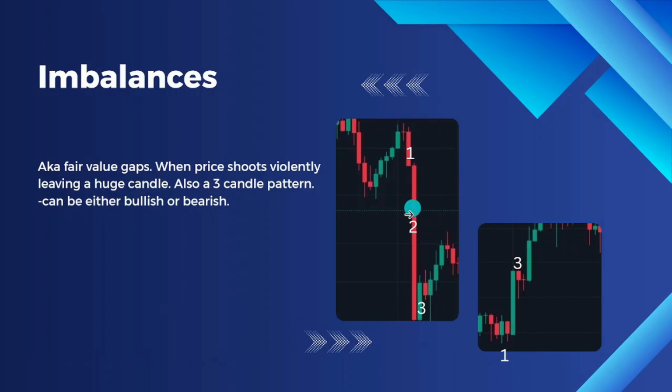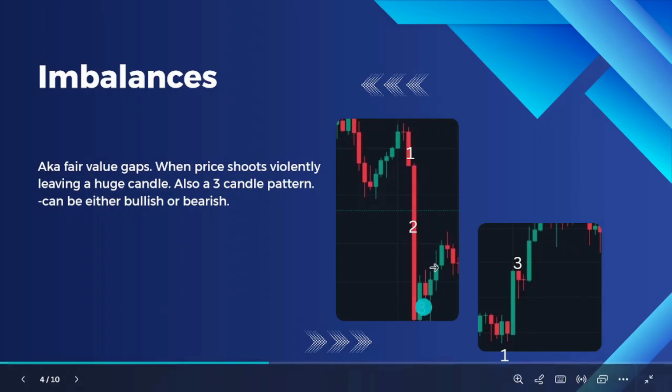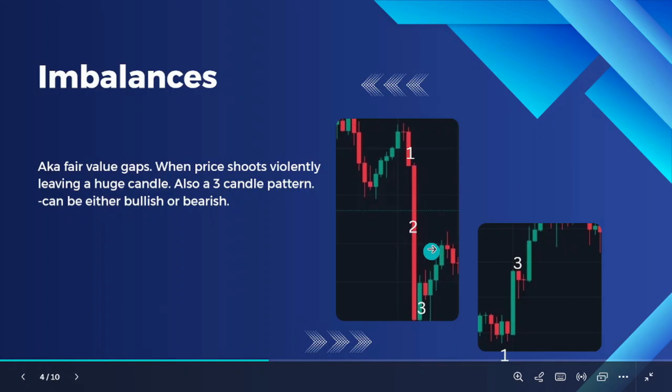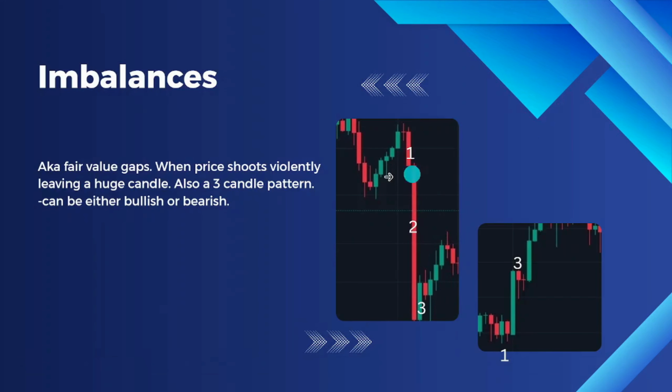This imbalance here is what we trade. We also call them fair value gaps, meaning that if price comes back to this region, we may get another surge of volatility towards the same direction. In this case, this would be your bearish fair value gap, because price is going down.